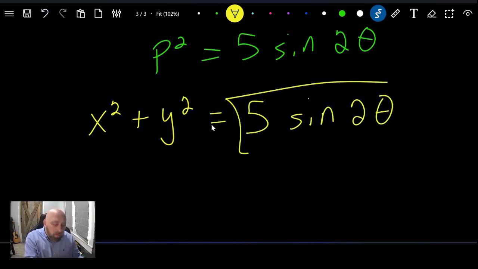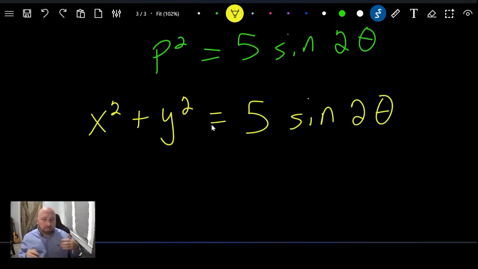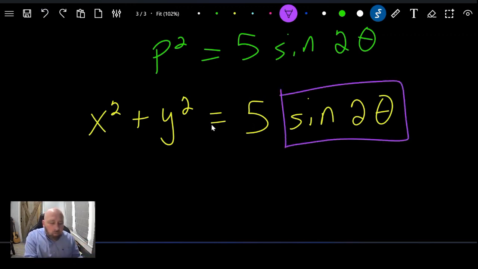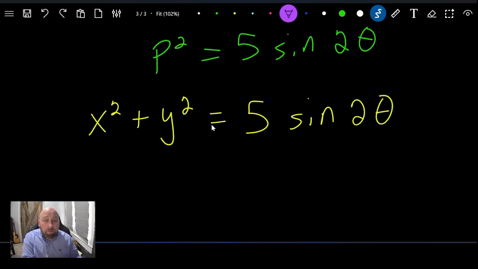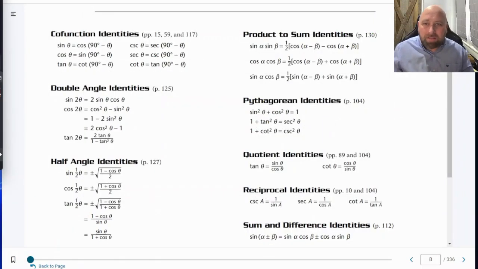Now we need to get rid of this somehow and change this into x and y. Kind of got to jump back into our toolbox of tricks here. We have to say that this is a double angle identity. You could go back to the front cover of your book, page B, and it says right here with our double angle identities, sine 2 theta equals 2, bringing the 2 out front, sine theta cosine theta.